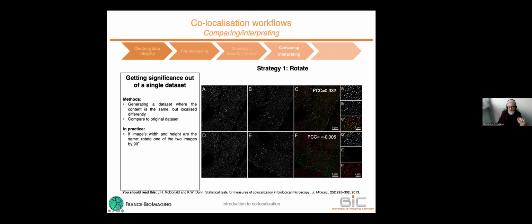Well, I will take exactly the same content, same image. A and D are the same. B and E, it's the same content, but not at the same location. I've been rotating the B image 90 degrees right to get E, then you see the overlap.